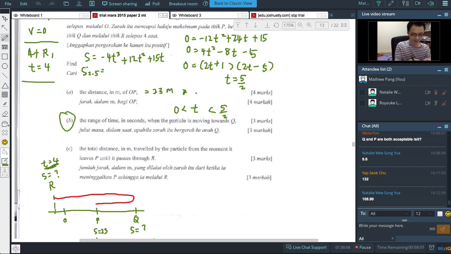Negative 4 times 2.5 to the power of 3, plus 12 times 2.5 squared, plus 15 times 2.5, is 50. So I got the displacement of 50. I will write it later. I want to find what it is at 4. Because I know at R, time equals 4, I will substitute the 4 into here again.